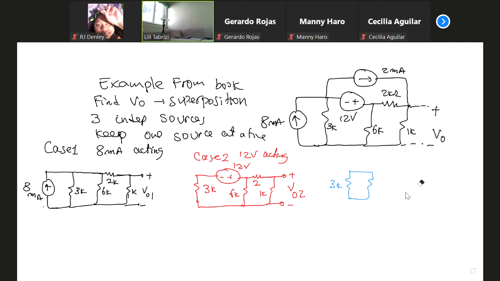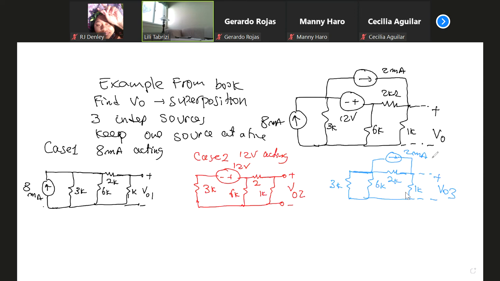Let's say we have the current source open. We have 3K. Then this is a voltage source. No, actually it was correct. This is a voltage source, this is 3K, the voltage source is short. You have 6K, 2K, and 1K. And now you have a current source here, 2 milliamp.